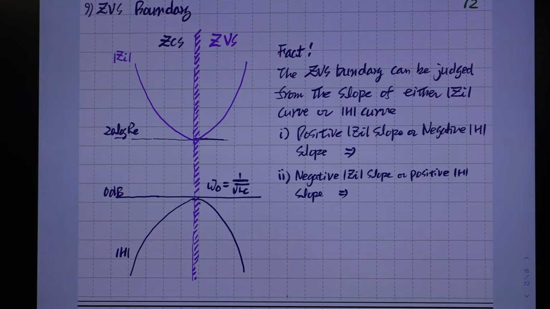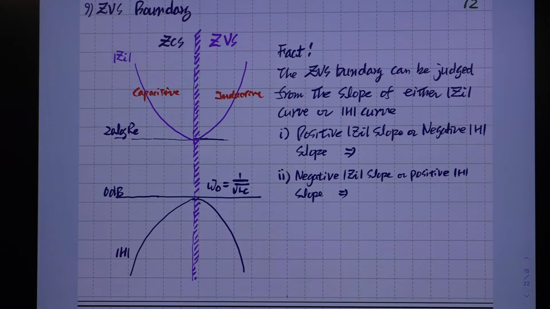Okay. So this region is the inductive region. Current is behind the voltage in phase, and this is the capacitive region. Current is ahead of voltage in phase, right?